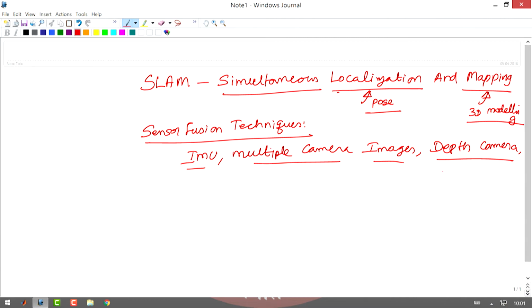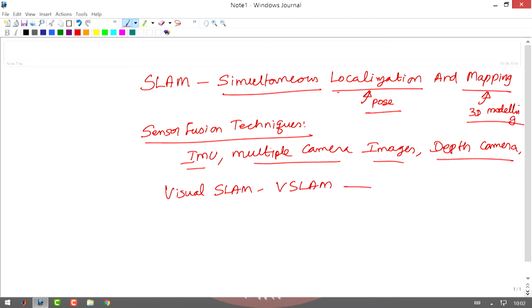In this class, what may be required is a particular class of SLAM technique called visual SLAM. It is also called VSLAM.